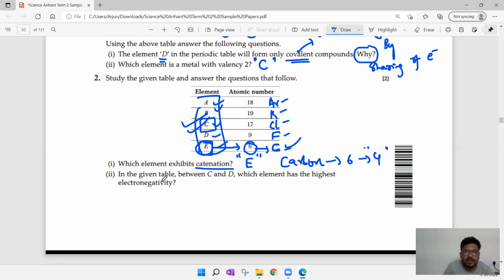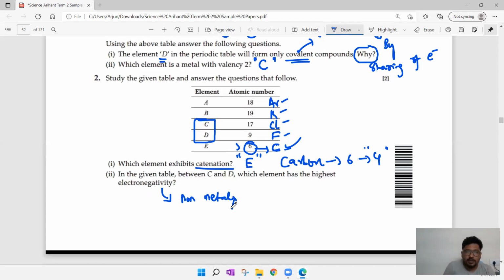Next, in that given table between C and D, okay, let me erase something and I will show it. They're asking between C and D, in these two elements, which element has the highest electronegativity? Guys, whenever they are talking about electronegativity, we have to think about non-metals.